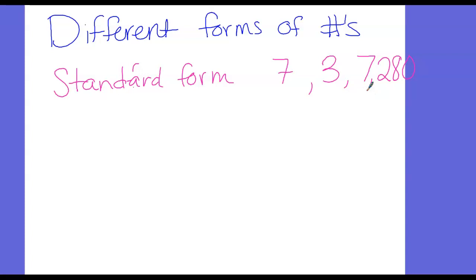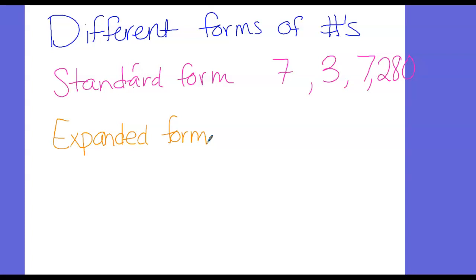Okay, we also have expanded form, which you probably honestly haven't seen since 6th grade, because we don't typically write in expanded form. In 5th and 6th grade, you did it so that you could understand the place values of numbers.